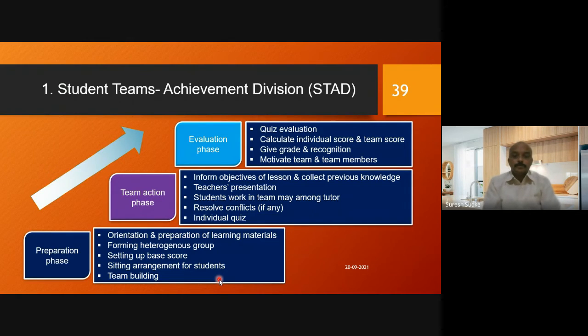While working in a group, they resolve and manage their conflicts, and then an individual quiz is carried out in the team. Then in the evaluation phase, the quiz is evaluated, and we calculate the individual score and team score, give the grade and recognition, and motivate the team and team members. So this is called Student Team Achievement Division.